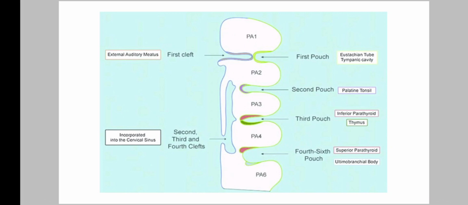Then comes the 3rd pouch and 4th pouch. What is important in this is, from the 3rd pouch, there is development of the inferior parathyroid and thymus gland. From the 4th pouch, there is development of the superior parathyroid gland.